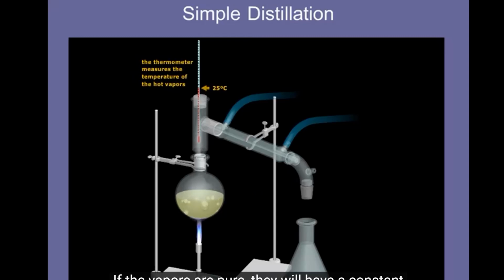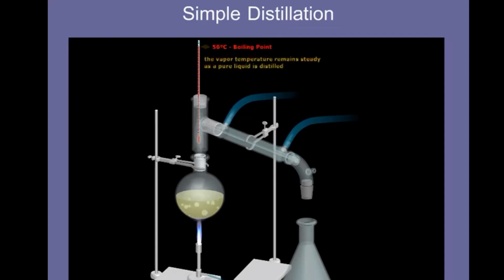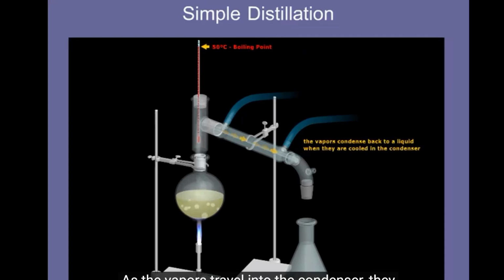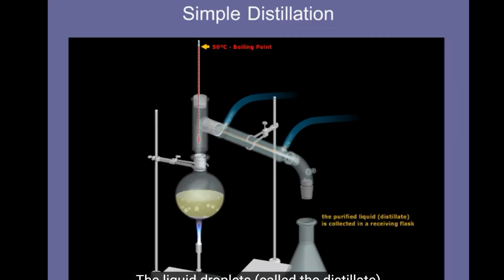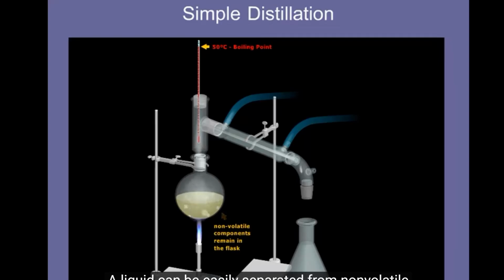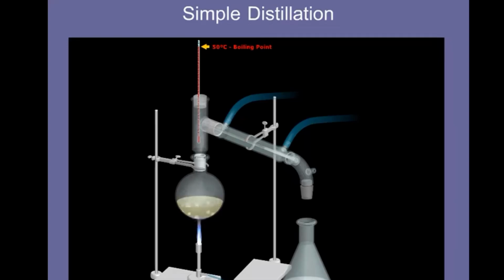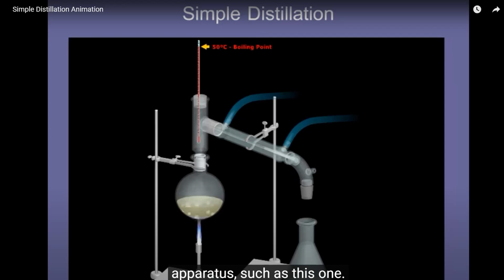If the vapors are pure, they will have a constant temperature equal to the boiling point of the liquid being distilled. As the vapors travel into the condenser, they will be cooled and will liquefy. The liquid droplets, called the distillate, run down the condenser and are collected in a receiving flask. A liquid can be easily separated from non-volatile contaminants by using a simple distillation apparatus such as this one. And that's it.